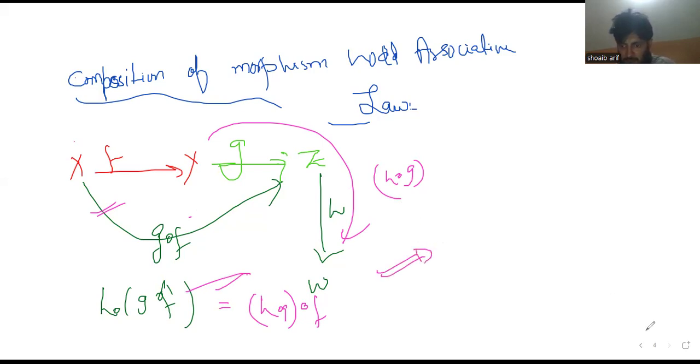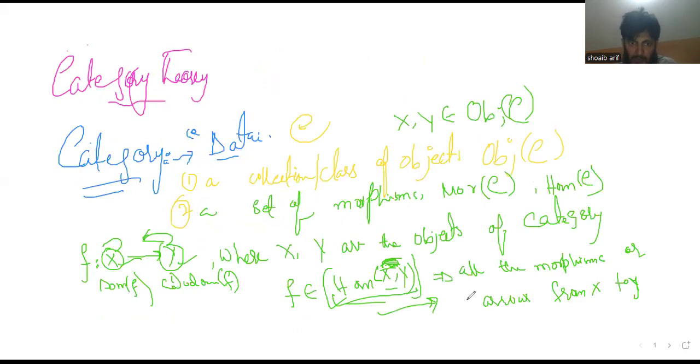We write first. So first of all, some review about the definition of category. We denote categories with C. In general, a collection of data: a collection of objects X, Y, Z belonging to the objects of C. A class of morphisms, a set of morphisms denoted by Mor of C or Hom of C. What type of morphism or what type of arrow?